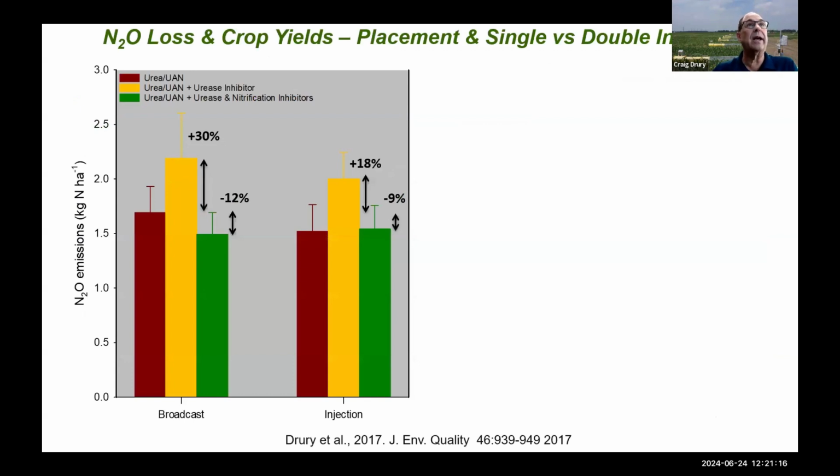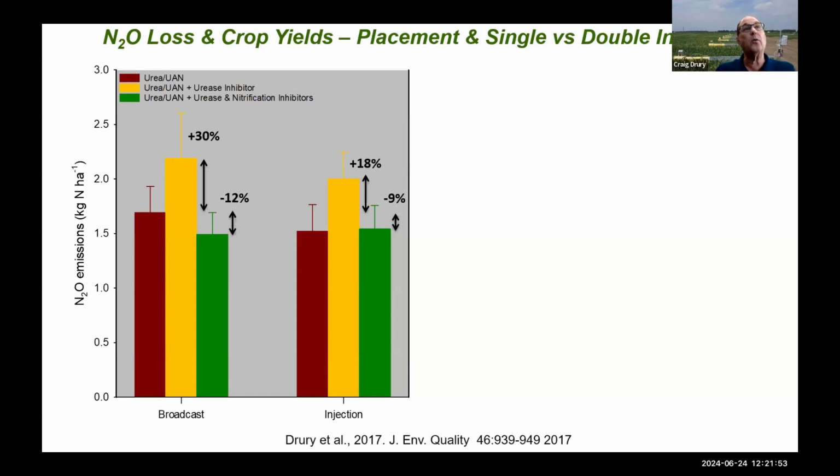So in this particular case, we're looking at N2O emissions. Remember before I said if you just add a urease inhibitor, we can see higher ammonium loss. And this actually shows it quite nicely. That yellow bar happens when we just add urease inhibitor. Our N2O emissions can go up. However, if we take the reference broadcast urea, that first red bar, and we look at a dual inhibitor, in this particular example, we have a decrease in N2O emissions of about 12%.